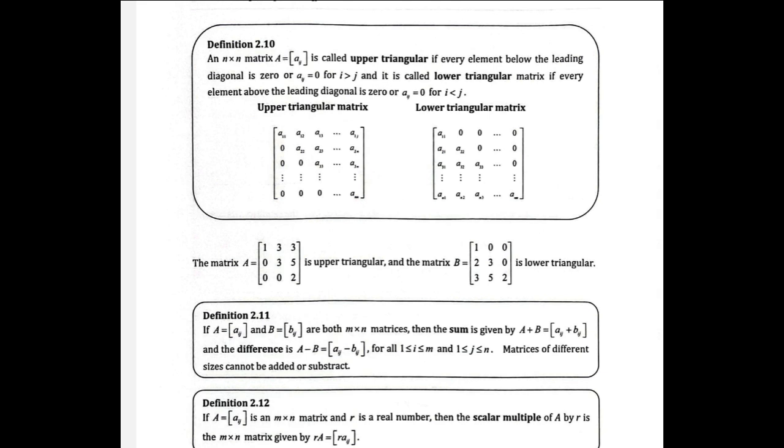So basically for upper triangular, all elements below the diagonal will be 0. The other way around, for lower triangular matrix, the diagonal and below will have values, and those above the diagonal will contain 0.